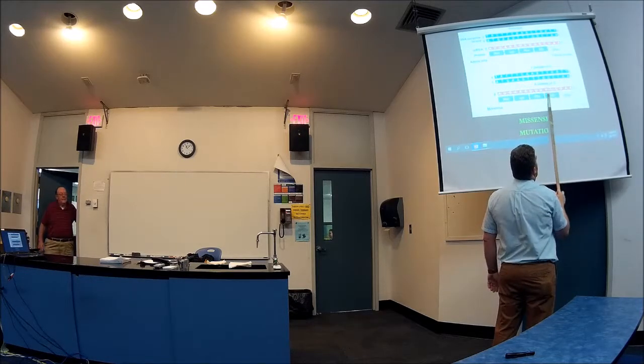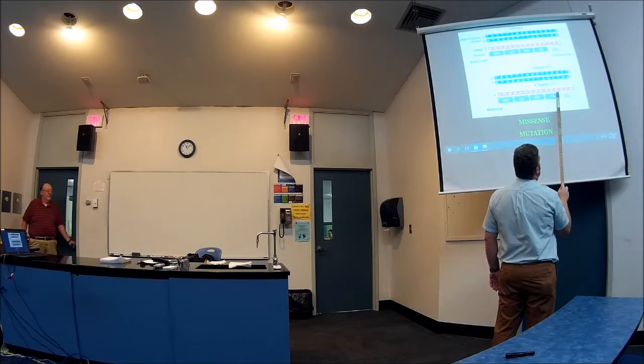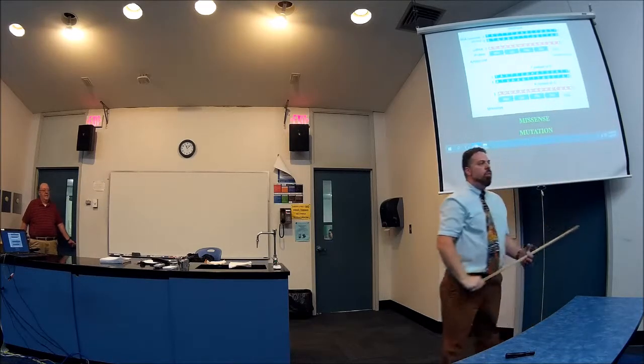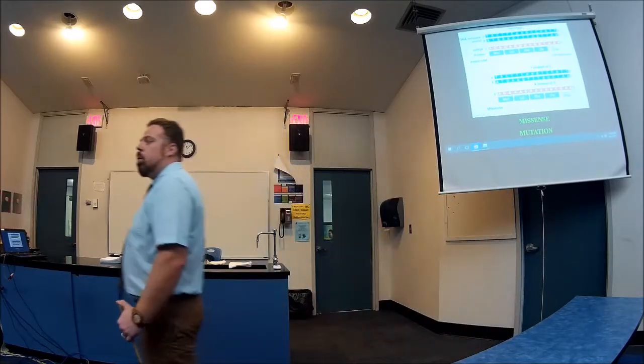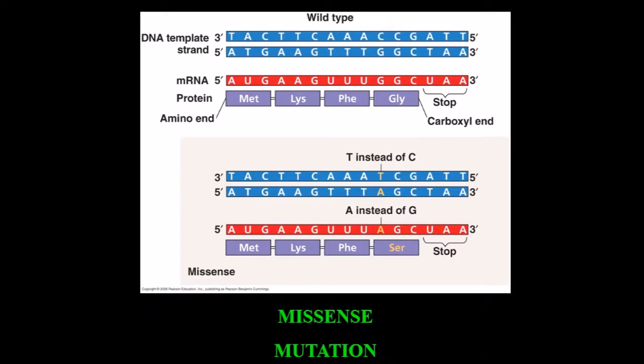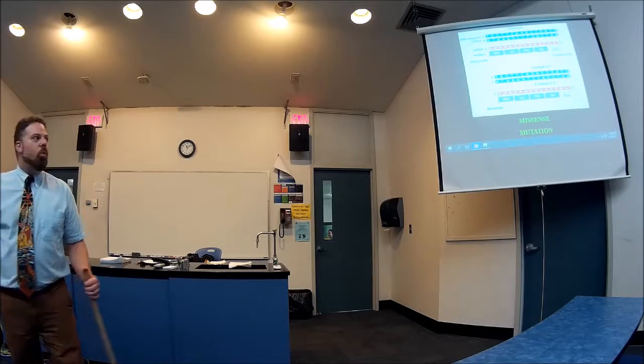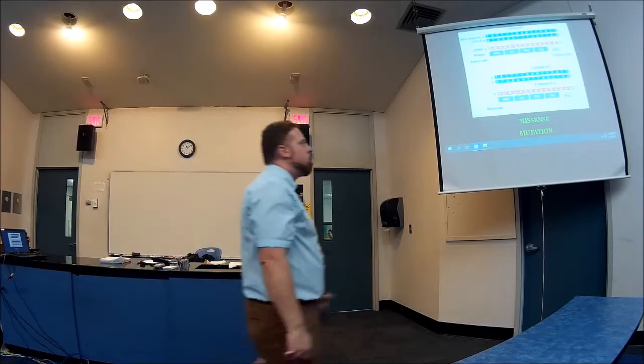In this case, AGC is going to code for serine. That's going to call for a different protein. All right? We call it a missense mutation.